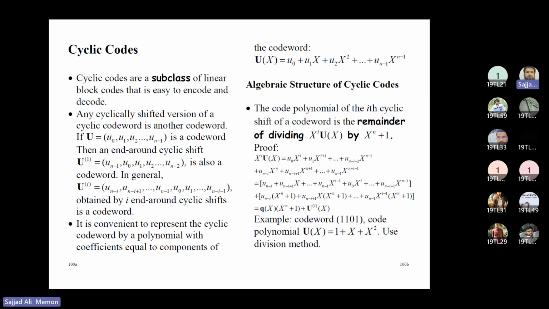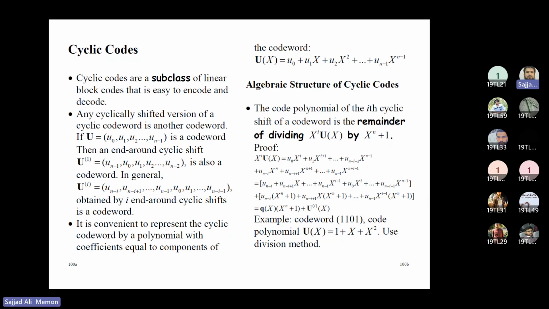So if we change from u naught to u n minus 1, u naught, that is another code word. Generally, u n minus i, u n minus i plus 1, up to u n minus i minus 1, obtained by i n-around cyclic shifts, is a code word.